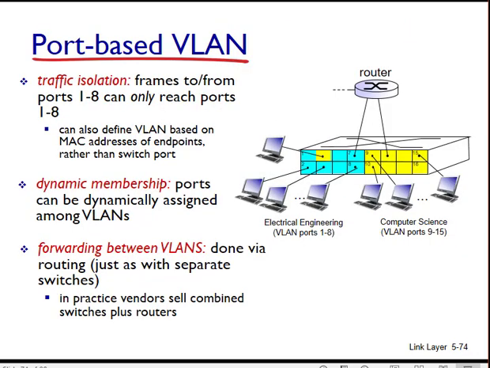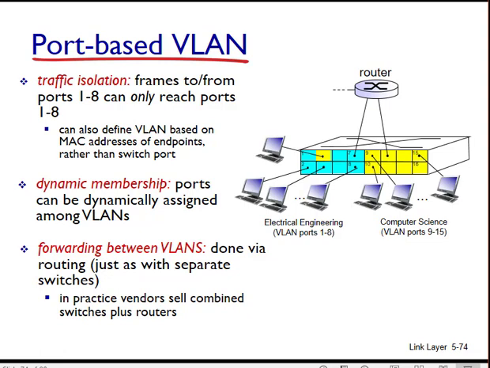But by completely isolating the two VLANs, we've introduced a new problem. How can traffic from the electrical engineering department be sent to the computer science department? One way to handle this would be to connect a VLAN switch port, for example port 1 in Figure 5.25, to an external router and configure that port to belong to both the electrical engineering and the computer science VLANs.